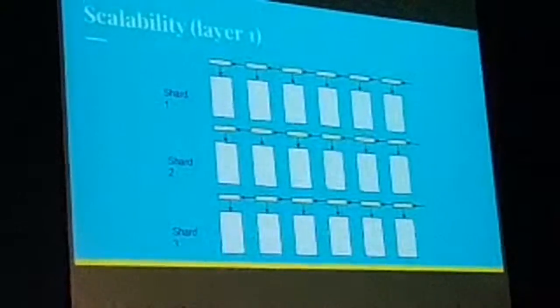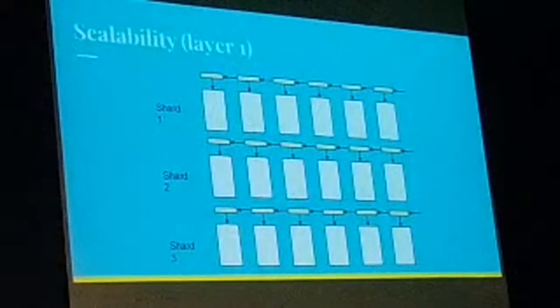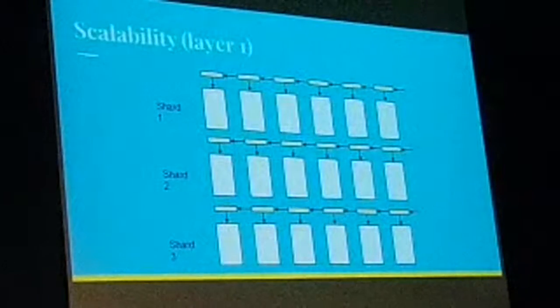One is layer 1 scalability solutions, which change the way that the blockchain works to try to increase its capacity. And the other is layer 2 scalability solutions, which keep the blockchain exactly the way it is, but change the way that applications work so that applications use the blockchain more sparingly and more efficiently, but still benefit from its security.